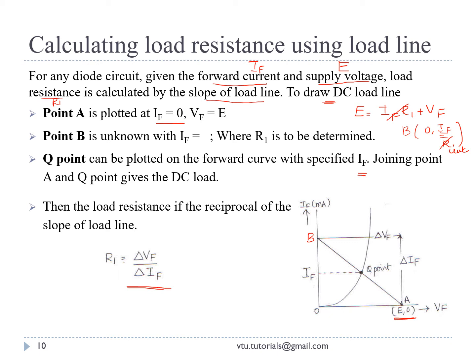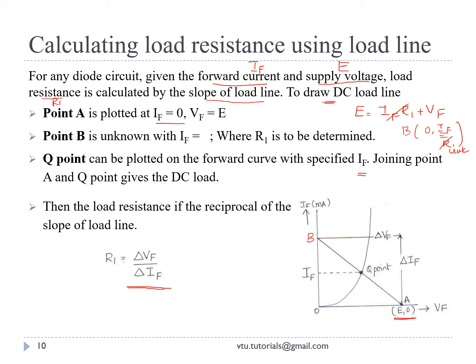Once again, first, point A is plotted using IF equal to 0 and VF equal to voltage E. So you will get the point over here. Then the point B is unknown. So one more point is the Q point. It is plotted by using the given value of current IF. We produce a line towards the forward characteristics curve, and wherever it intersects is the Q point.